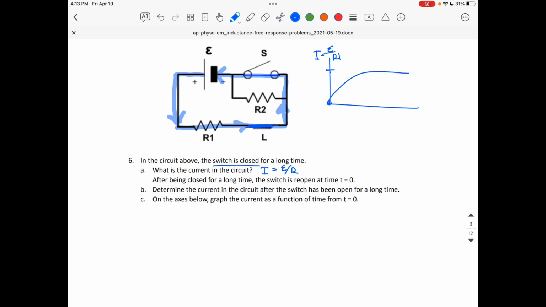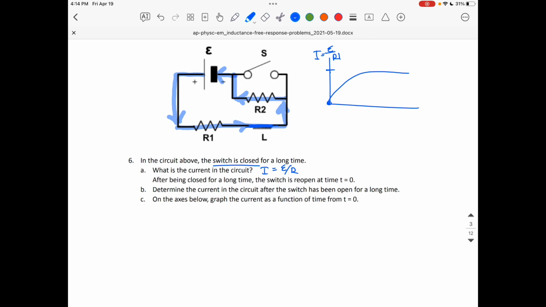And then after being closed for a long time, we've got a buildup of charges in our circuit. The switch is reopened, so let's erase that there. And now our current is going to run through R2 and to the battery because that is now our closed loop.